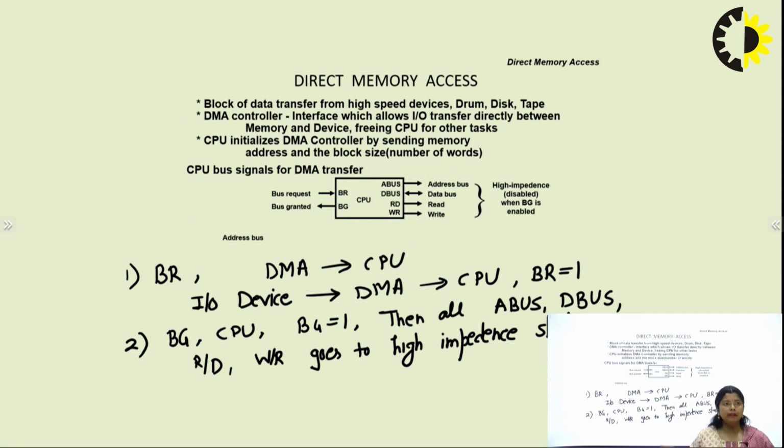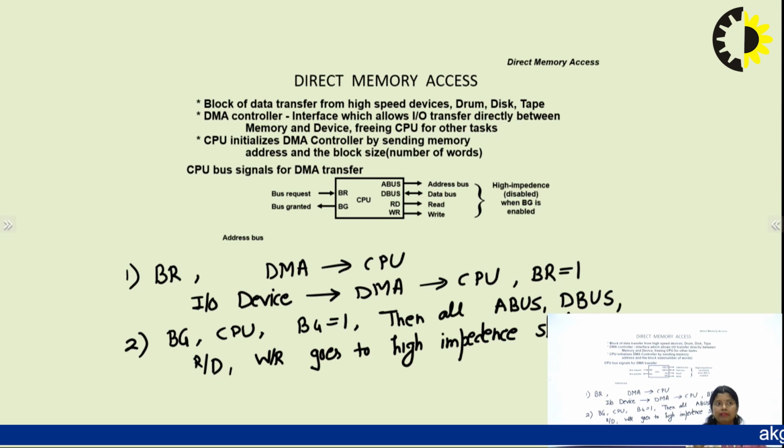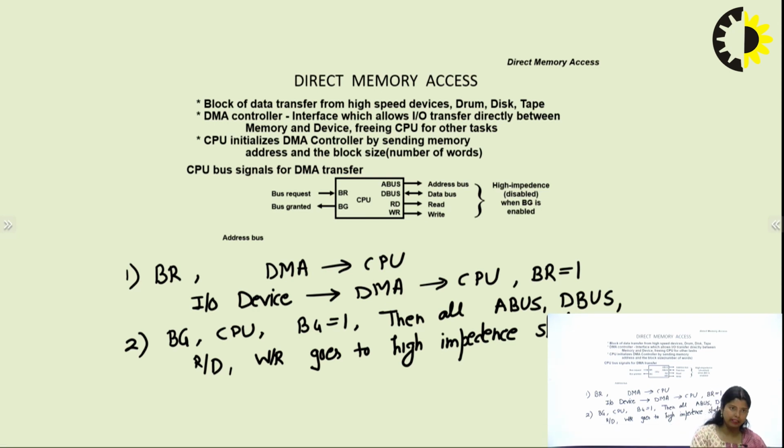Now, in this diagram, you can see there is a CPU. The CPU has two signals, bus request and bus grant. In the bus request, what will happen? Whenever a peripheral device has some data available, or a data valid line is set, and wants to transmit data to the memory, this information goes to the DMA.